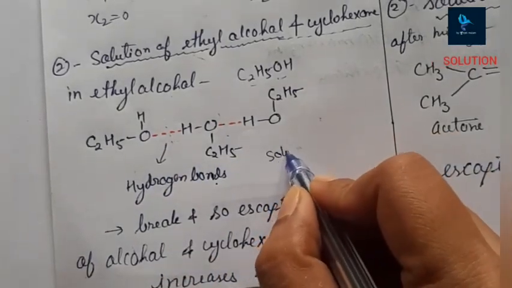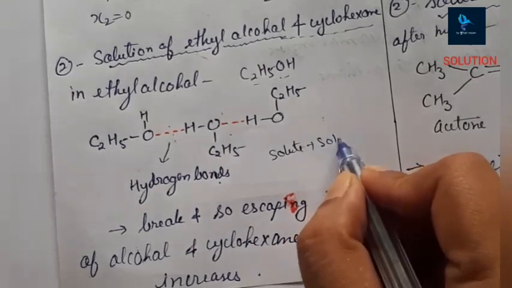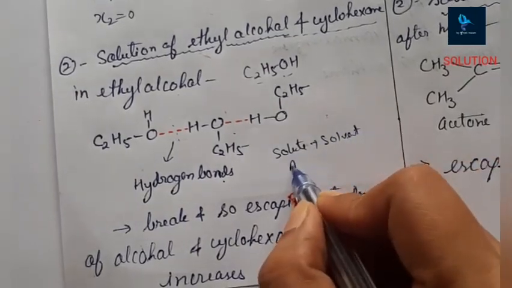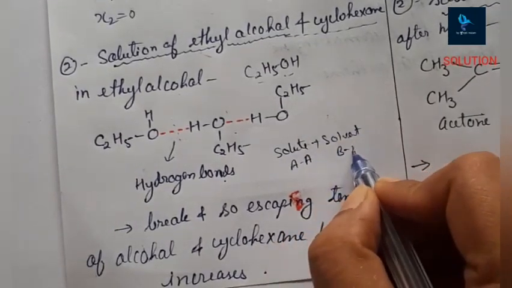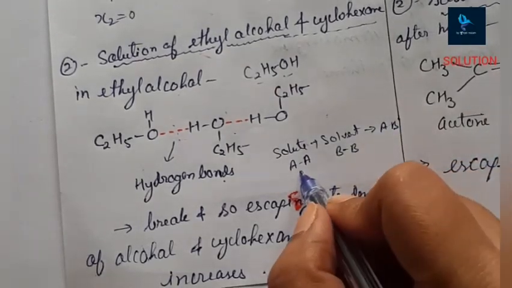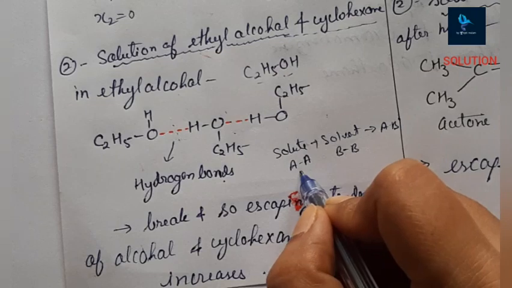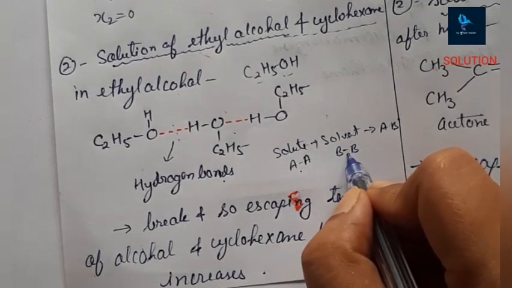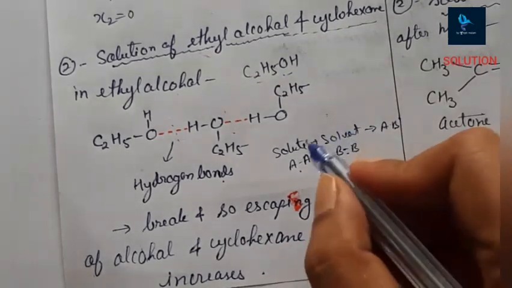When one solvent, A A B B, or A B, assume this one as ethyl alcohol, and this one as cyclohexane.